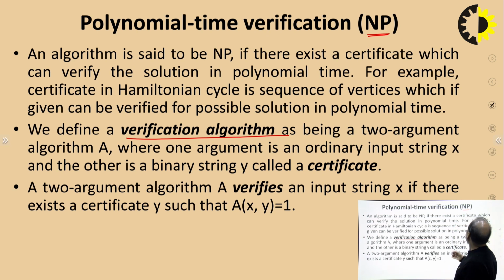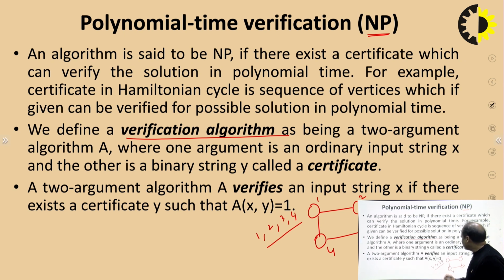For example, suppose we are given a Hamiltonian cycle problem. This is the graph, suppose this is graph number 1, 2, 3 and 4. The question is whether the graph has a Hamiltonian cycle, and we are given the order of the vertices 1, 2, 3, 4.